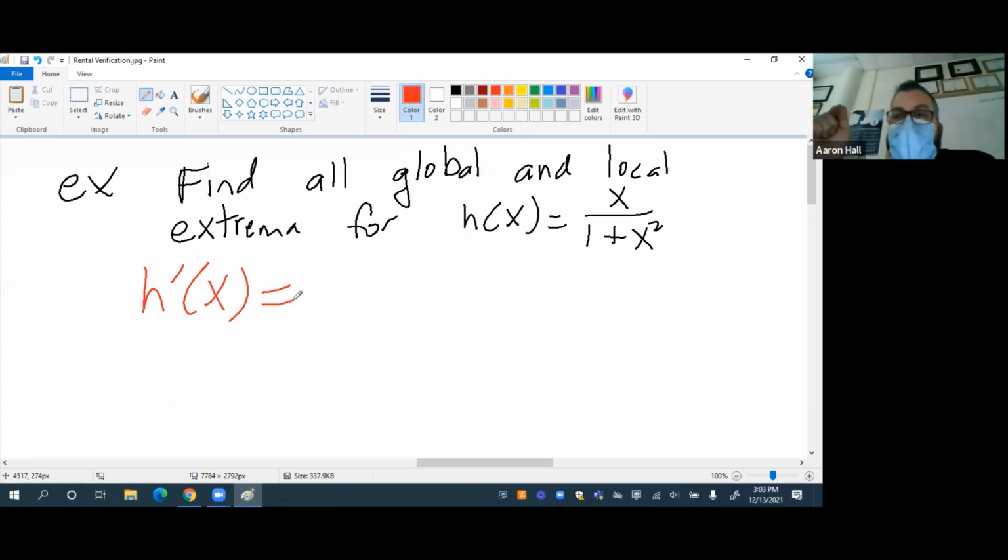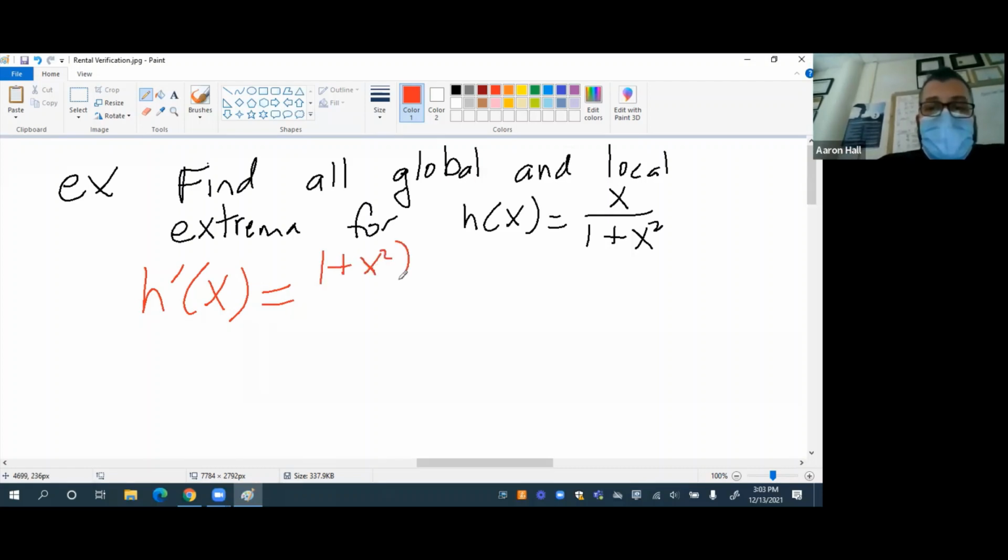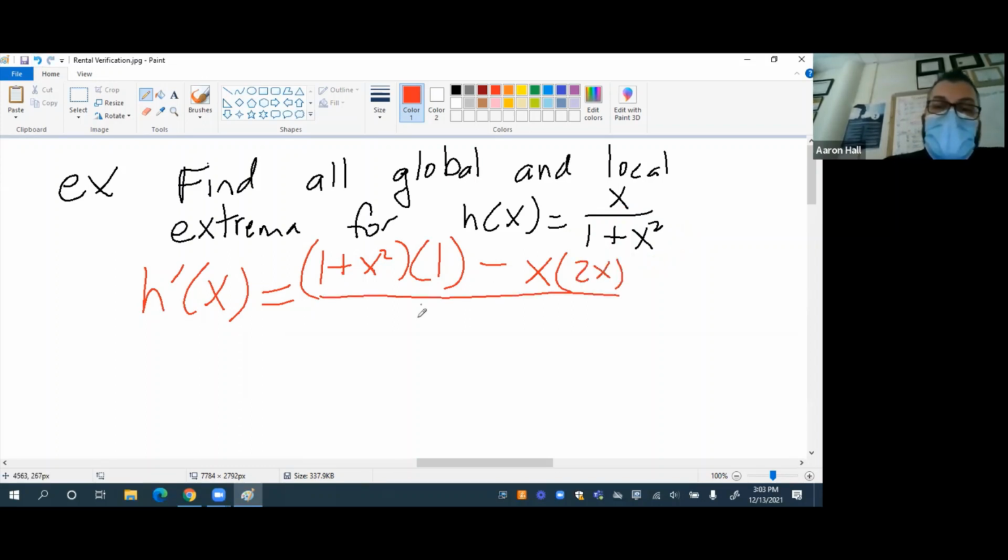Yep. Low d high minus high d low over low, low. That's the quotient rule. So low d high, what's the derivative of the high? Yeah, 1, minus high d low, what's the derivative of the low part? 2x, over low, low.